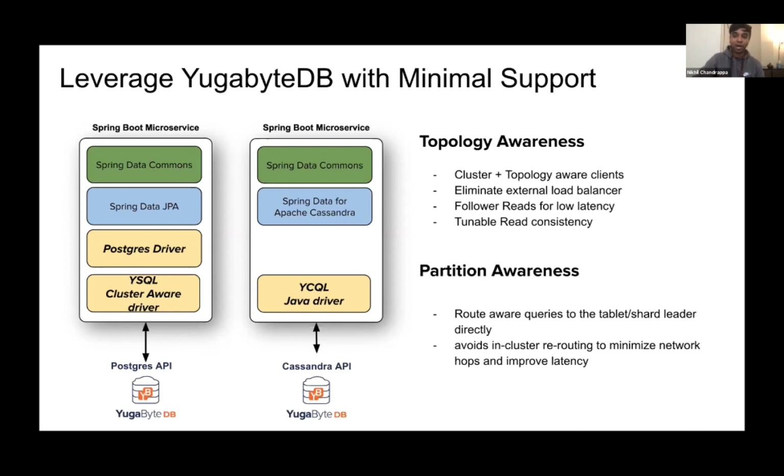And we also have partition awareness, which means whenever we fire a query, the clients actually know where the data is sitting, so that they can go and directly run the query against the data there. That avoids a bunch of in-cluster rerouting, which reduces the latency and supports the sub-millisecond response times that Yugabyte provides.